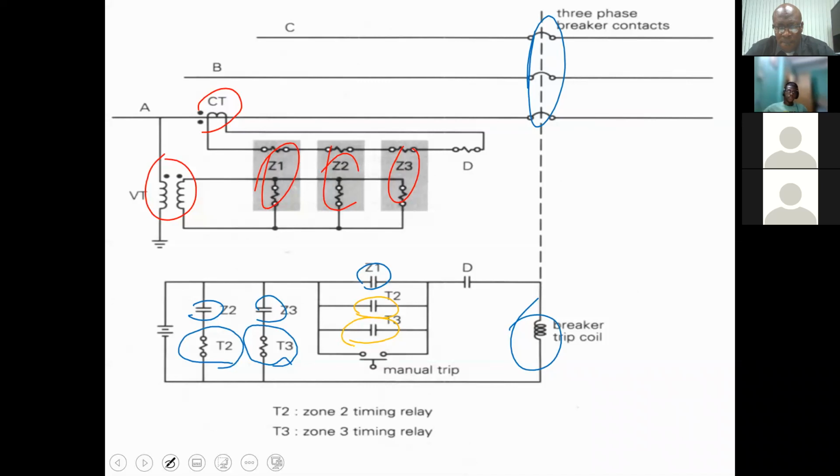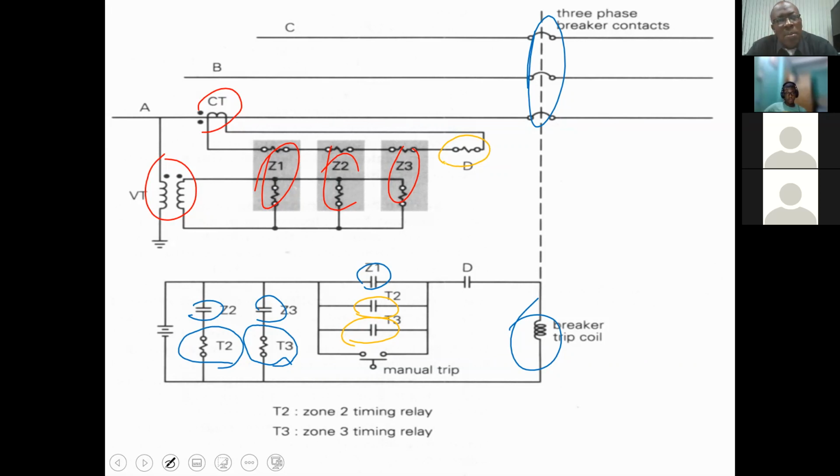You see its coil is up here. This is a way of ensuring that the communication system, etc., is in working order.